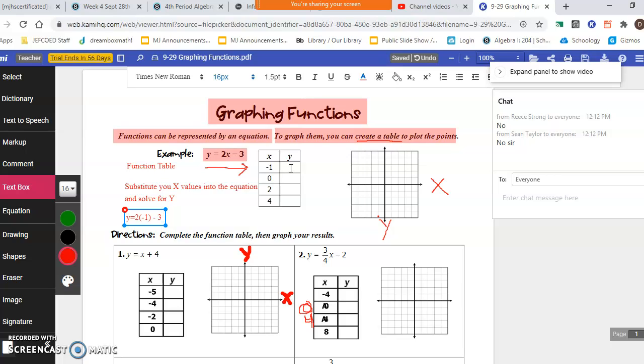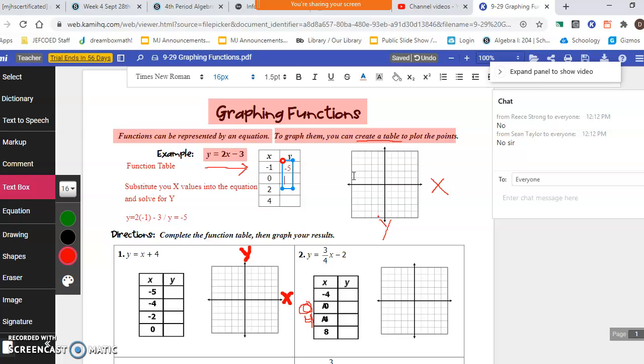So if x was -1, you'd substitute that in and go -1 times your 2 right here, minus 3, okay? So then y would equal 2 times -1 is a -2, and then minus 3, that would give you a -5. So y would equal -5. We'd come right over here into our function table, and then our first value would be -5.